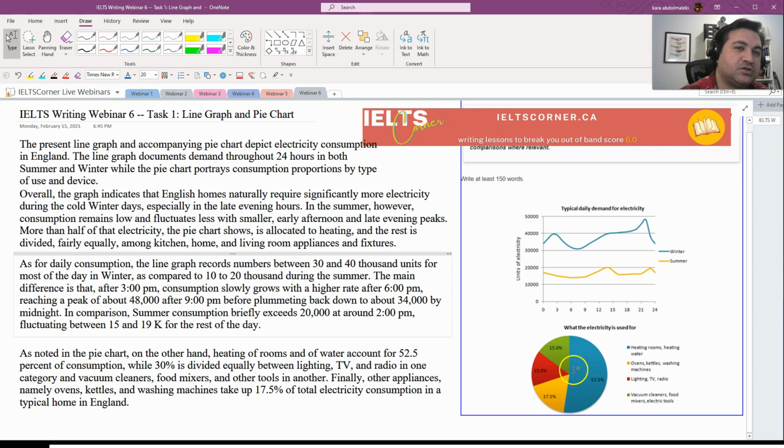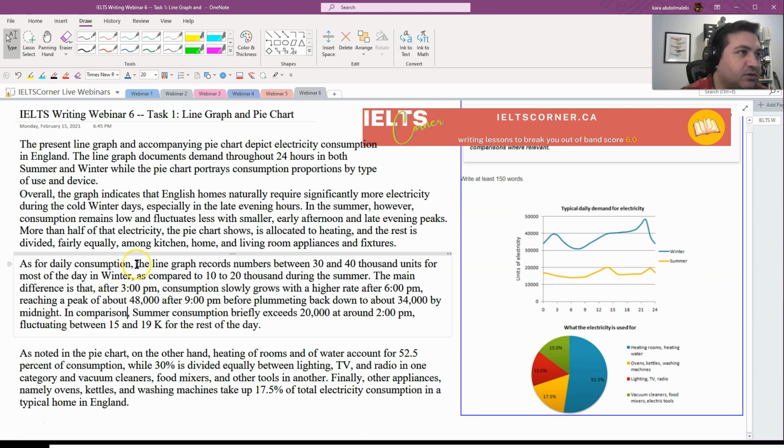Now, the second body paragraph only talks about the pie chart, so there is much to talk about in the pie chart. As noted in the pie chart, so here you see one important point is that your topic sentences should identify what the logic is.